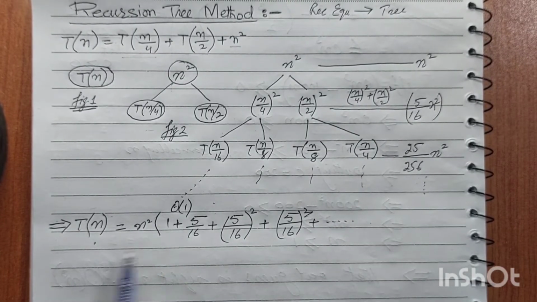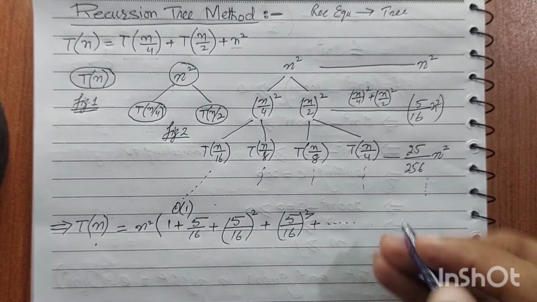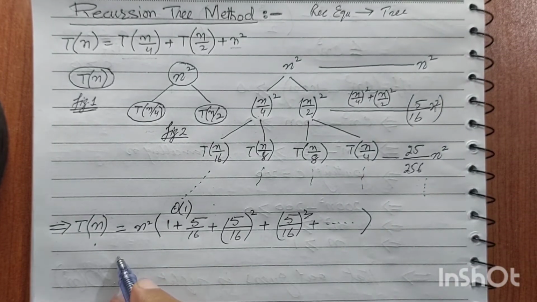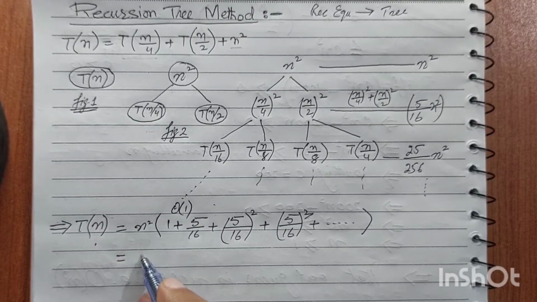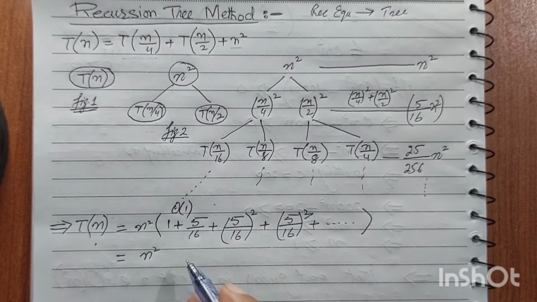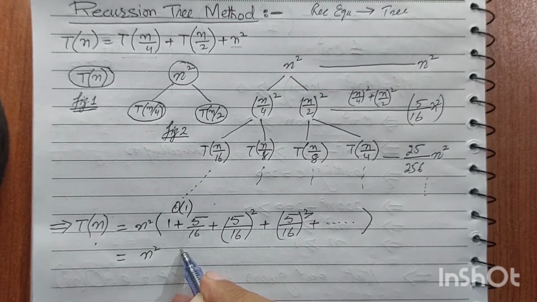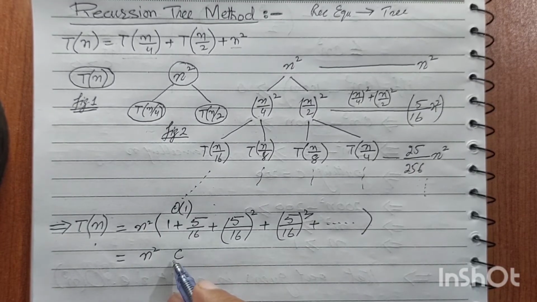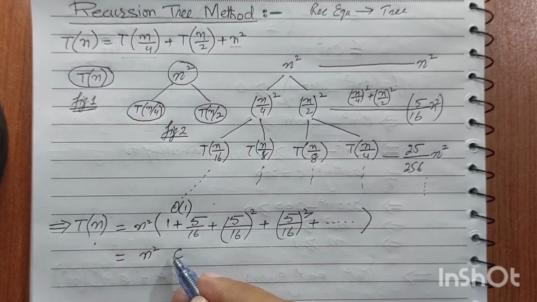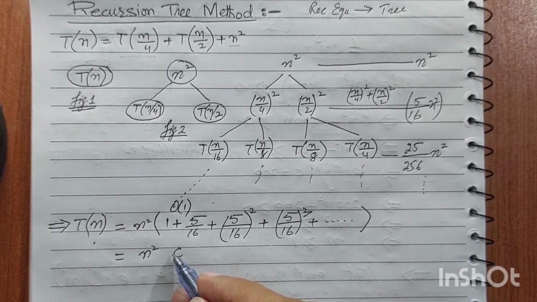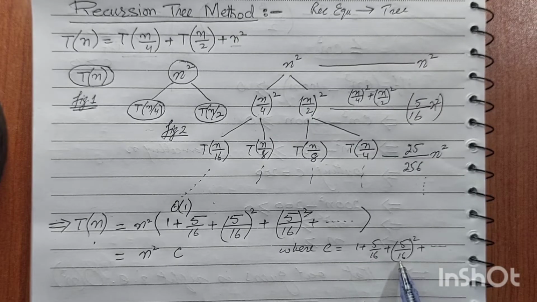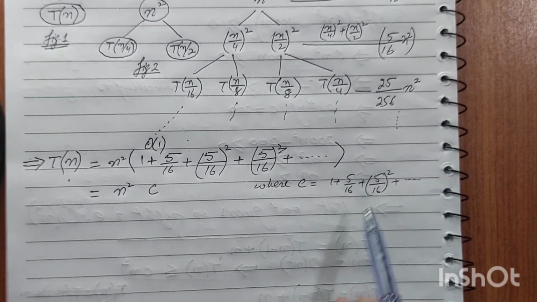So applying geometric series on this part, we can get a constant number. So it would be n square, and then there would be a constant. So you can calculate the exact value of this one, where c is equal to 1 by 5, 1 plus 5 by 16 plus 5 by 16 whole square, and so on.